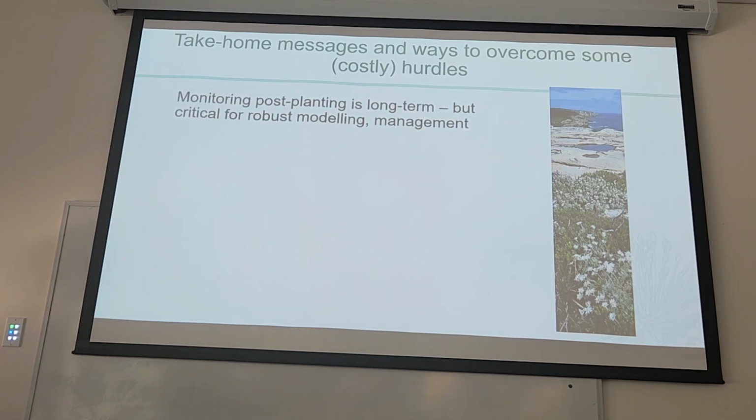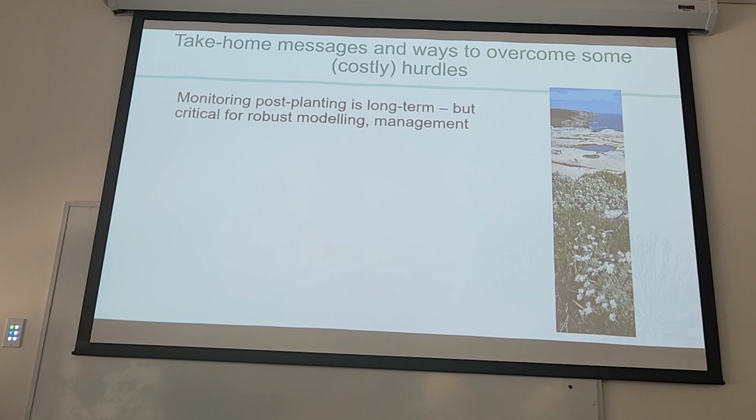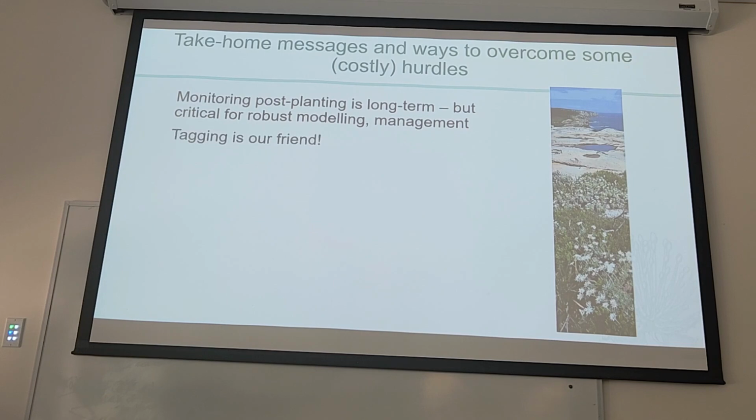Another thing that often comes up is how long, or when, you can stop monitoring post-planting. Really, I think with monitoring you're in it for the long run. It's critical to monitor the trajectory of the population that you planted, but also the subsequent cohorts. And this is something that came up before: tagging is really important.